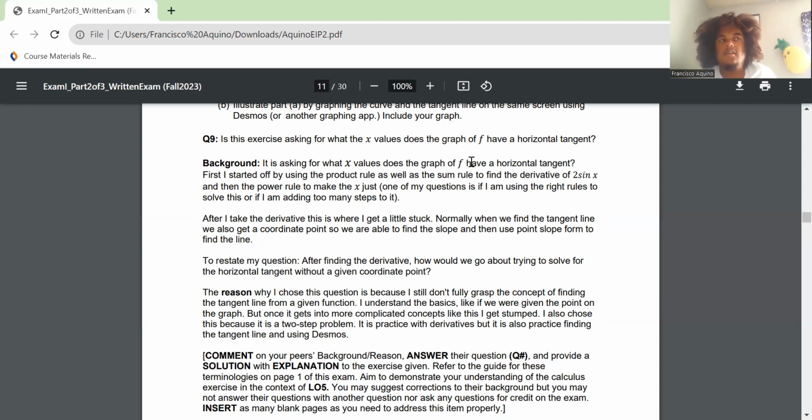You can't do that with 2 sine x, because 2 is a constant and sine is just a function by itself. There's only one function. So that's where the constant rule comes into play with the trigonometric derivative rule for sine.